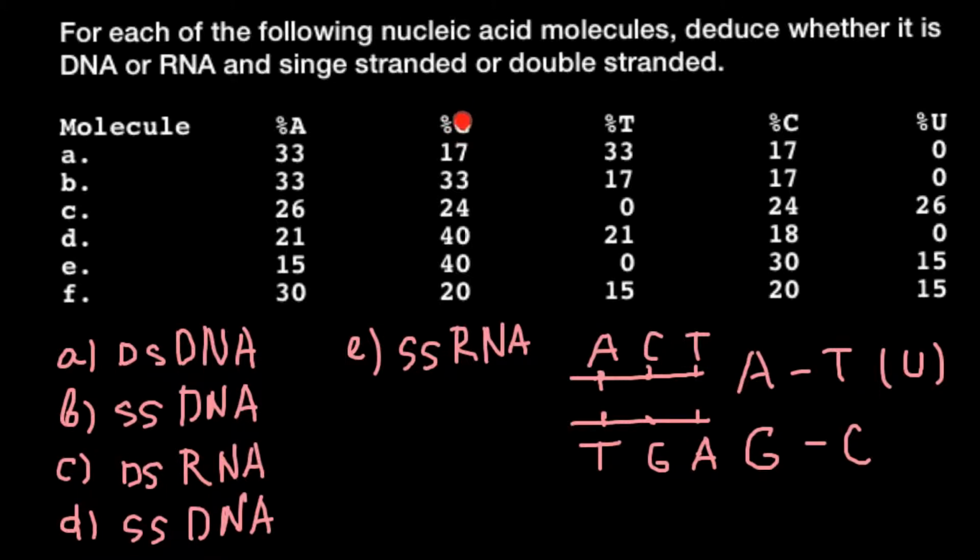Let's check guanine. Guanine base pairs with cytosine, and this is a perfect match. And as you see, the number of adenines here is 30. That means it base pairs with 15 thymine and 15 uracil. So also a perfect match.